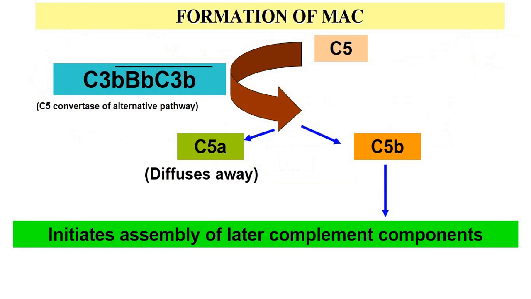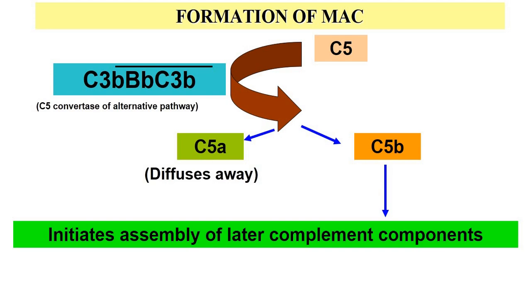So, how membrane attack complex is formed? You have C5, in all pathways we talked about C5. C5 is acted upon by C5 convertase of alternative pathway, C3b, capital B, small b, C3b, or C5 convertase of classical pathway, that is C4b2a3b. Okay.